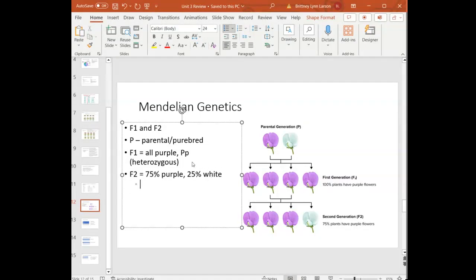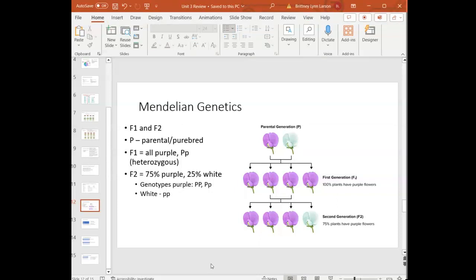I know that there are two potential genotypes for purple, purple being my phenotype. Having the purple phenotype means I have either the homozygous dominant genotype or the heterozygous genotype. Either way, I have a dominant allele, making me a purple flower. All of my white flowers have to be homozygous recessive, because the only way you get white is if you have two recessive alleles.